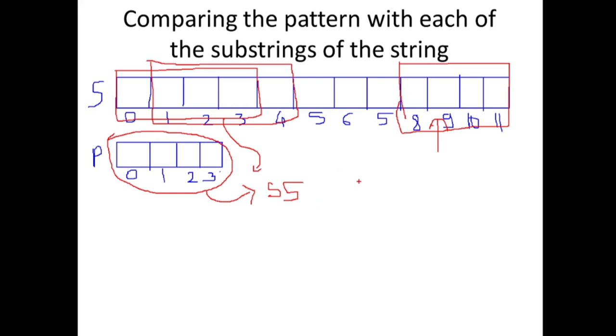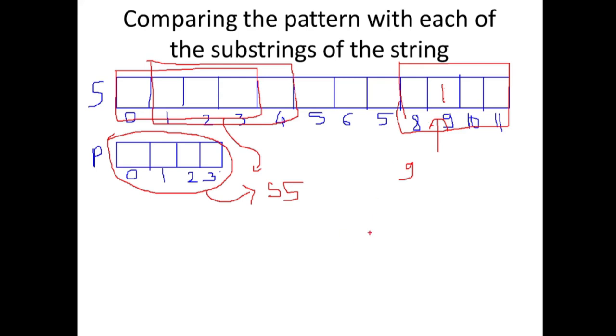So in total how many substrings are there? 9 substrings. Why 9? Because after index 8, from the 9th index onward, all the substrings we need to skip, because their size will be less than or equal to 3. This is the way in which we perform this method.